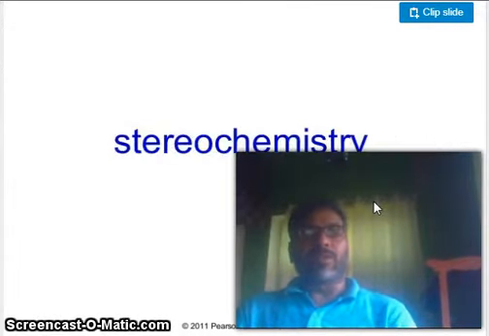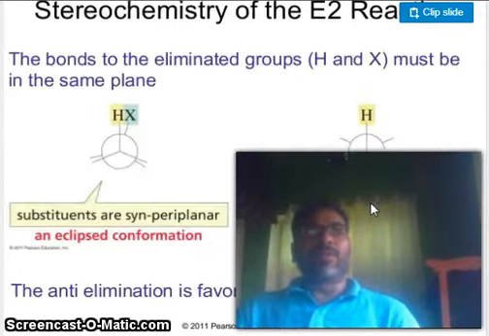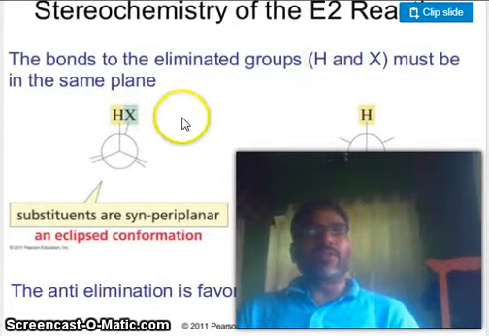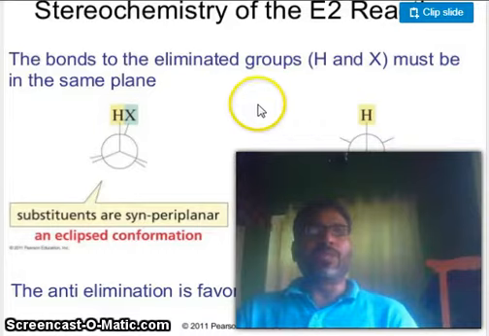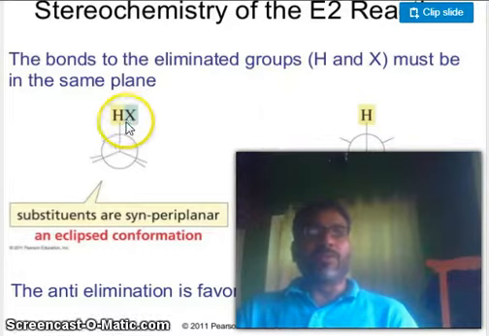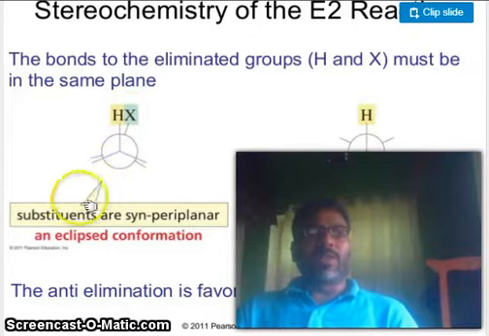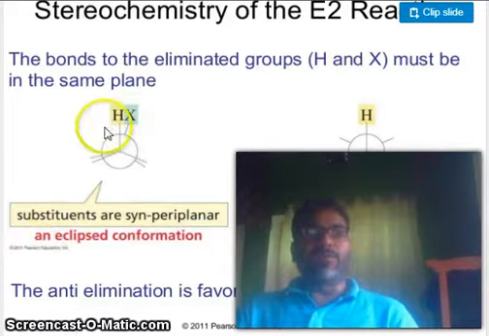Now stereochemistry. Stereochemistry of E2 reactions: the bonds to the eliminated groups, H and X, must be in the same plane. You see, this and this substituent are syn-periplanar, an eclipsed conformation.